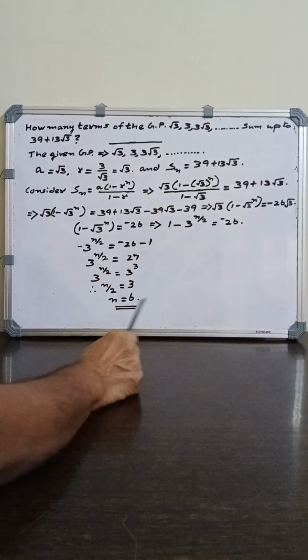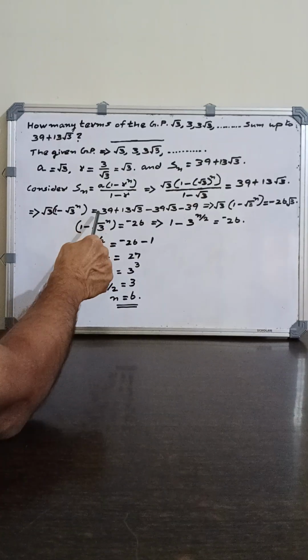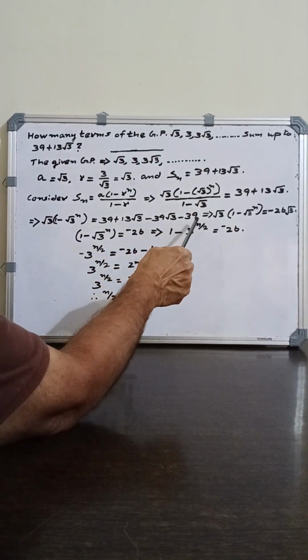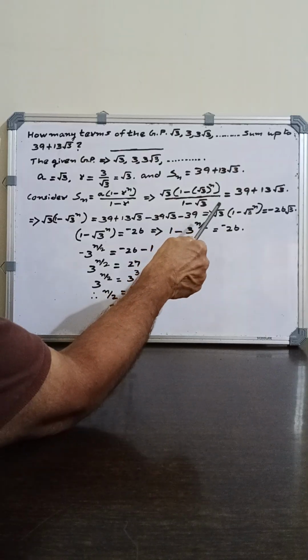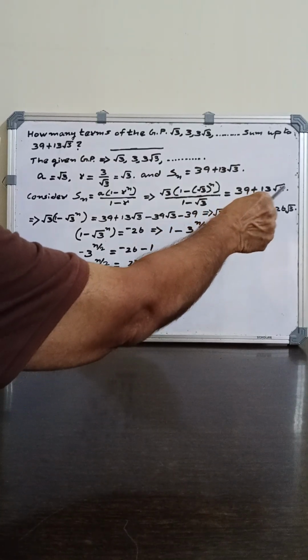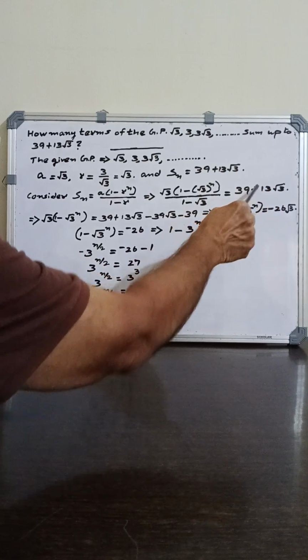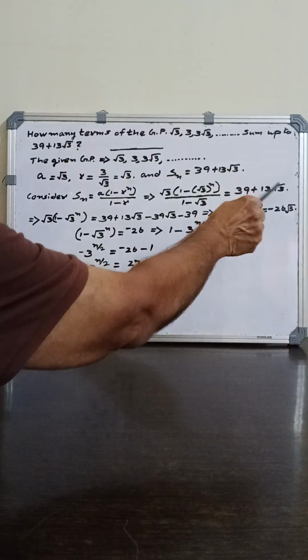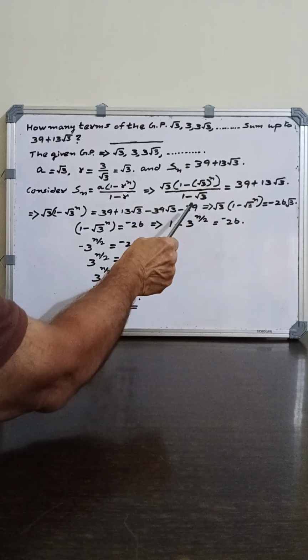That is here: 39 plus 13 root 3 minus 39 root 3 minus 39. I hope everyone understands this calculation. Minus root 3 into plus 13 root 3 is minus into plus, minus, and root 3 into root 3 is 3, 3 into 13 is 39.